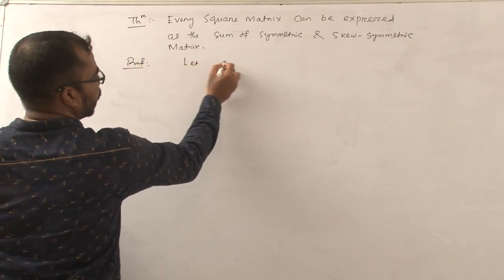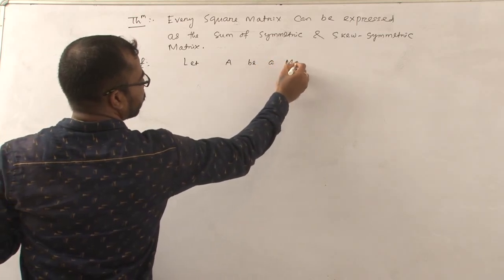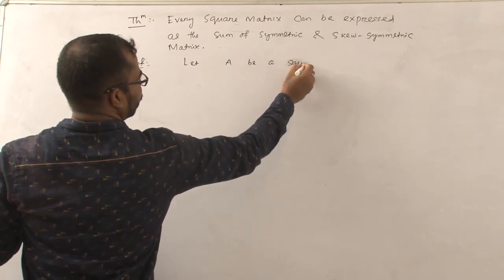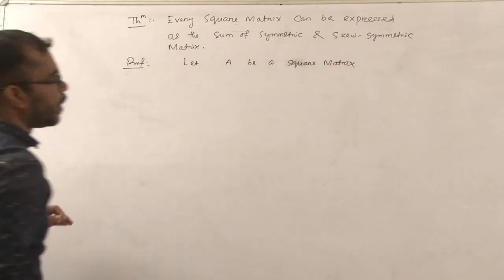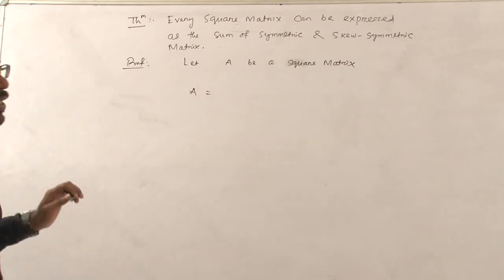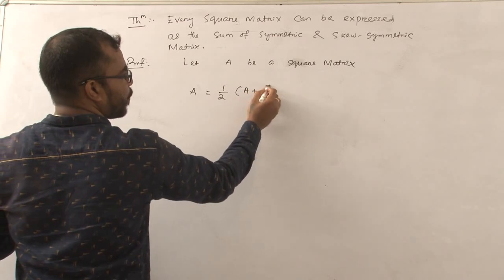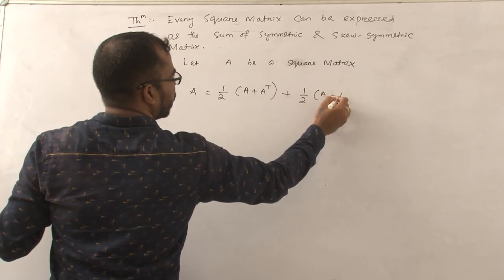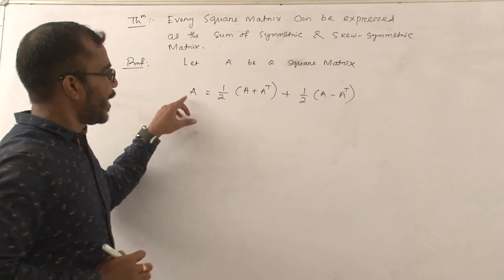Let A be any square matrix. Now A can be expressed as half of A plus transpose of A, plus half of A minus transpose of A. That means A can be expressed in this form.